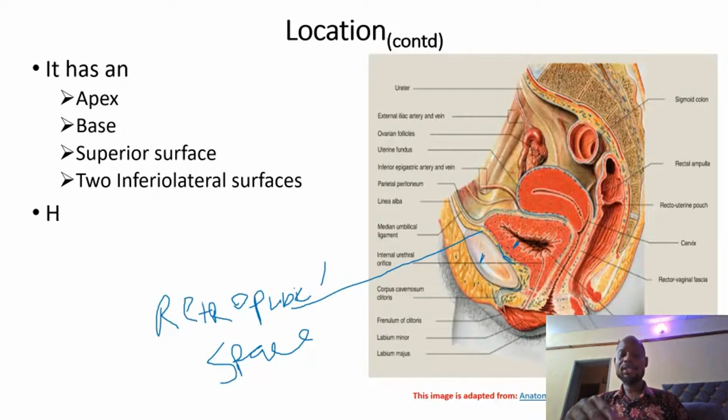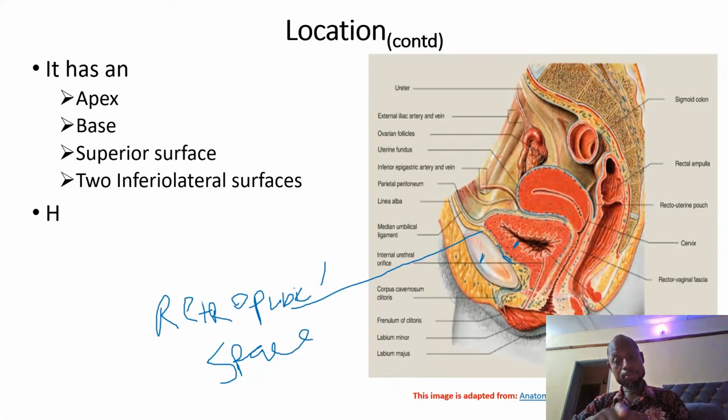Now, behind the pubic bone and the symphysis pubis, and the bladder, there's a space between them which I also spelled out, and that space is called the retropubic space, not recto, sorry.